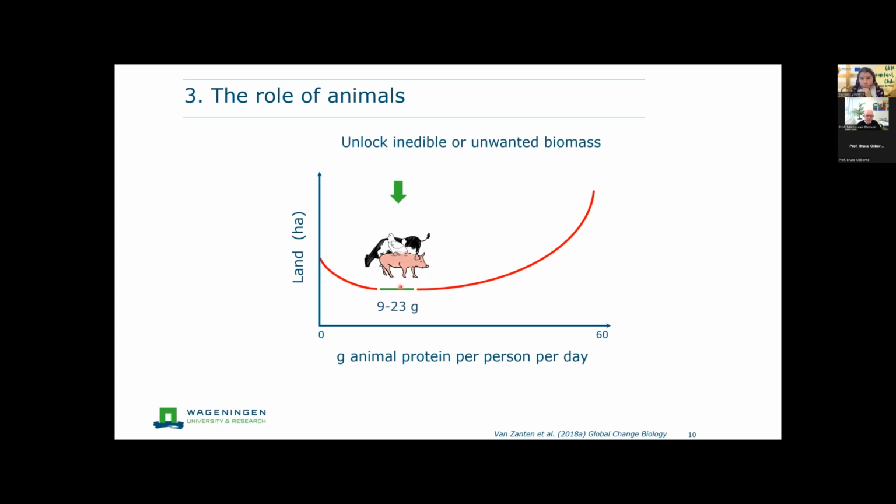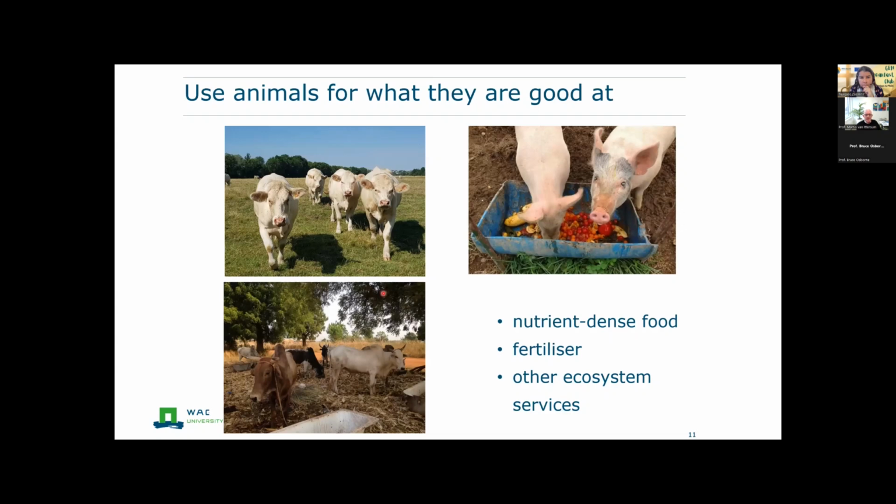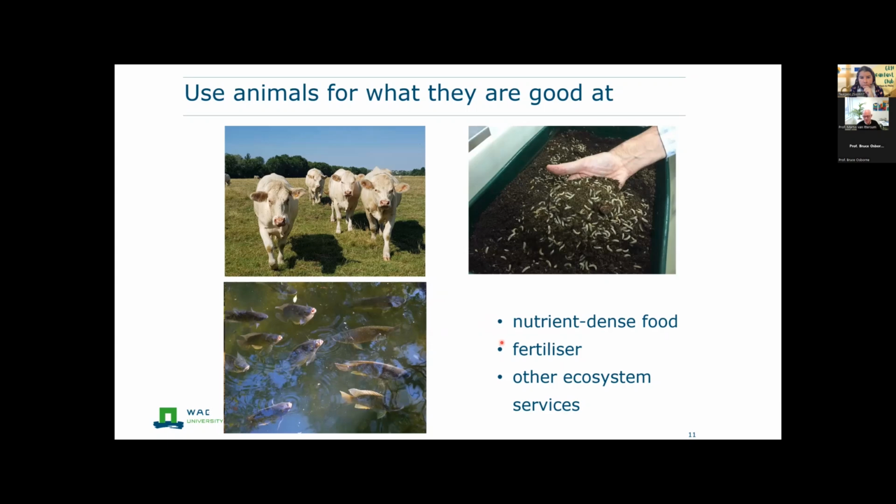So that's the reasoning why a modest level of livestock production in the food system, just to upgrade the low opportunity cost biomass from the food system. Use animals for what they're good at, and also benefit from co-products that these animals may produce, like fertilizers and other ecosystem services that they deliver.